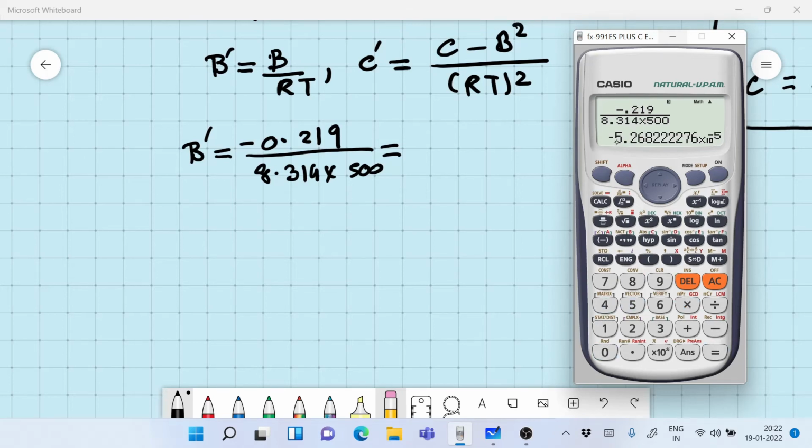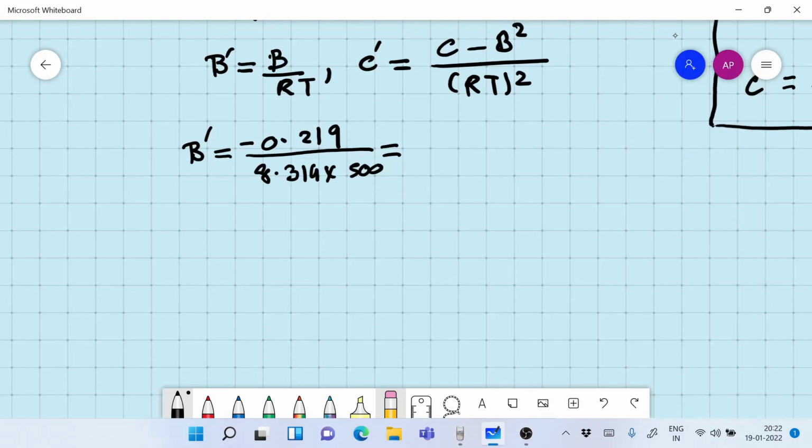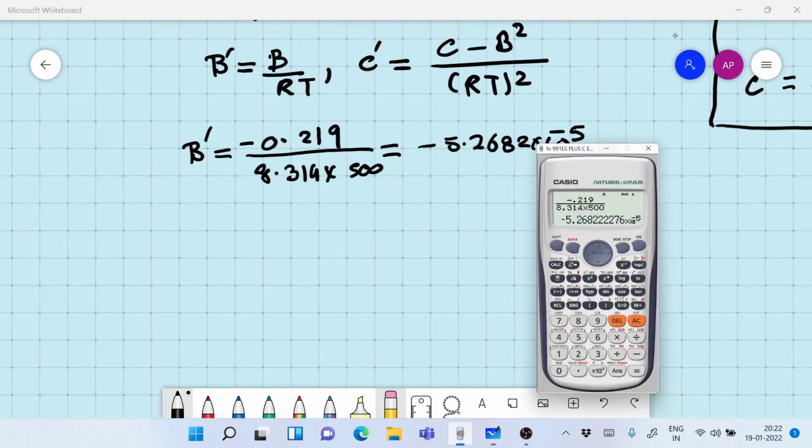That's equal to minus 5.2682 into 10 raised to minus 5.